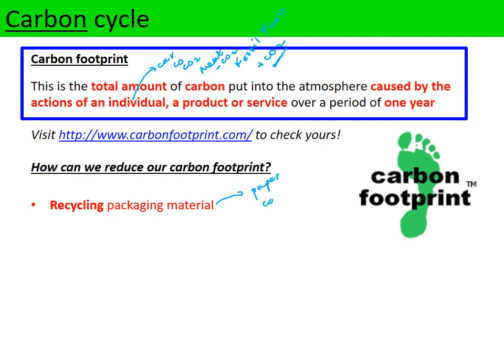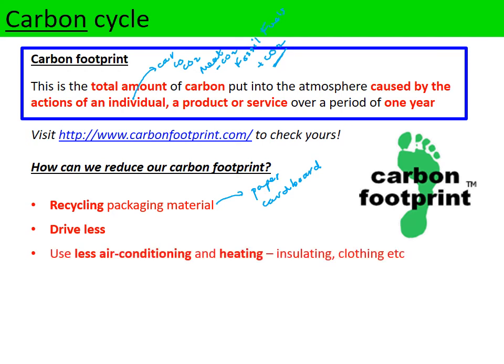So paper and cardboard can always be recycled and reused, because we know that comes from the cutting down of plant material and trees to make the paper. We could obviously drive less, because the less we drive, the less carbon monoxide and carbon dioxide we put back into the atmosphere. We could take public transport, and while that does obviously put some carbon back into the atmosphere, collectively, if more people did that, it would be less.